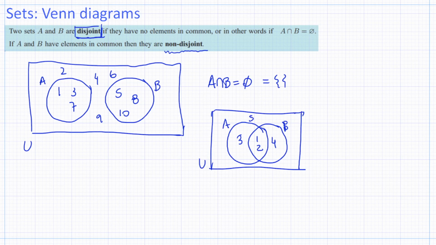This is the case where they have an intersection, right? So if we try to observe, this is our intersection. And so A intersection B in this example would be 1 and 2, therefore they are non-disjoint.